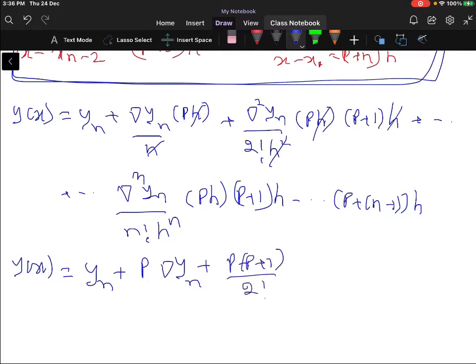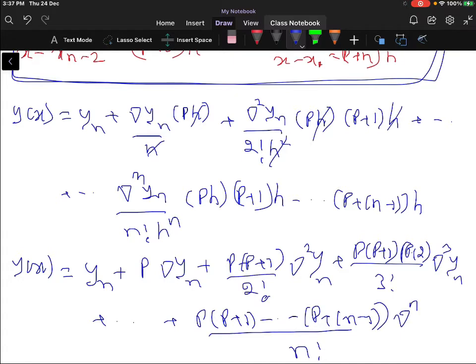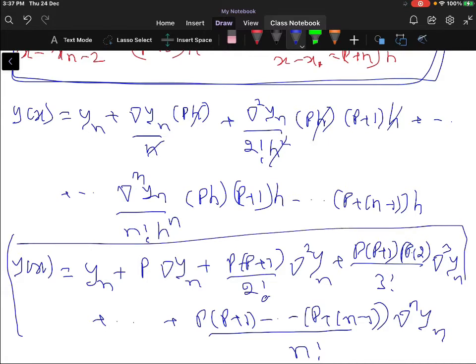Here h square cancels: p into p plus 1 by 2 factorial into nabla square yn, plus p into p plus 1 into p plus 2 by 3 factorial into nabla cube yn, and so on, plus p into p plus 1 and so on up to p plus n minus 1 by n factorial into nabla n yn.